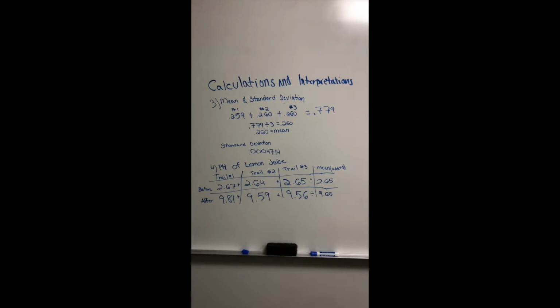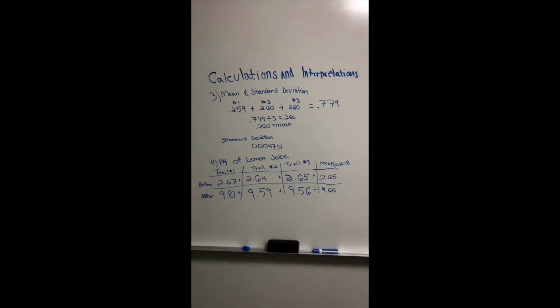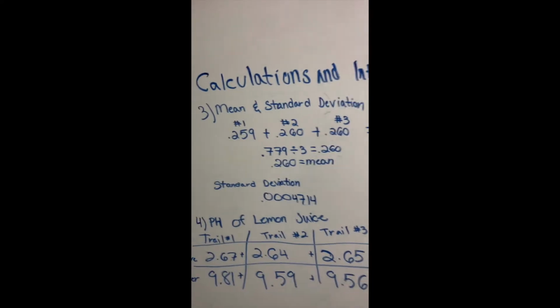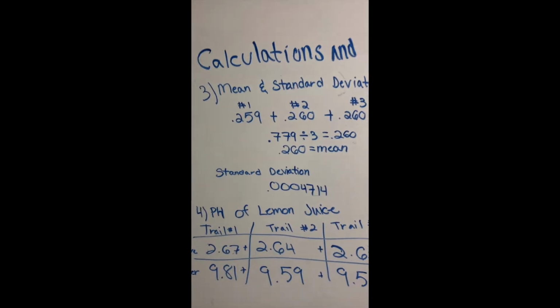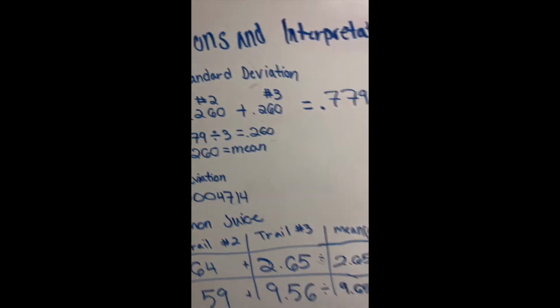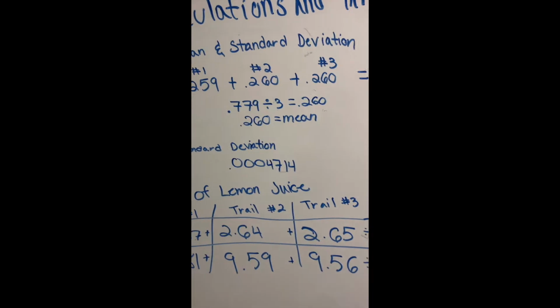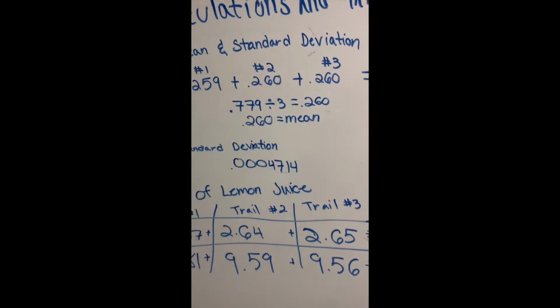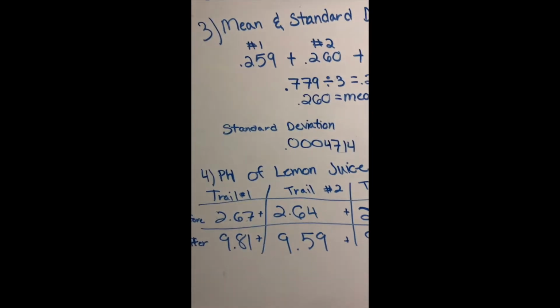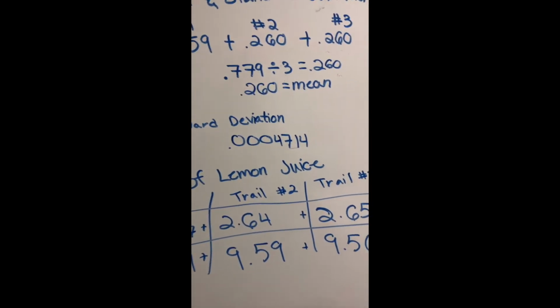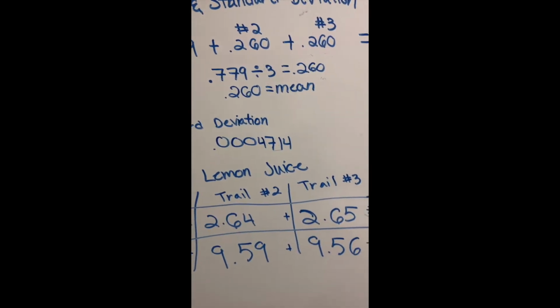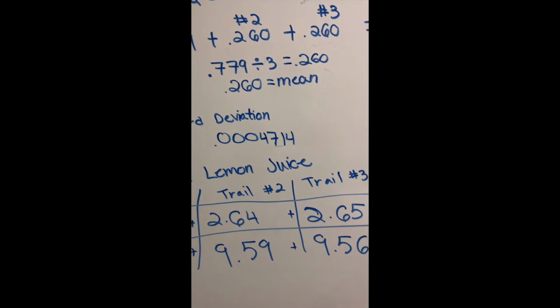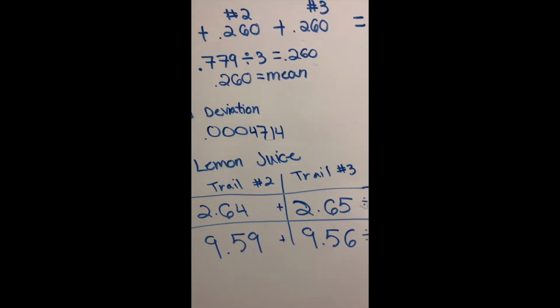For calculations and interpretations, questions 3 and 4. For 3, the mean: you add all 3 of them up and then divide by 3, and 0.260 would be my mean. And then for the standard deviation, all 3 of them turned out to be 0.004714.